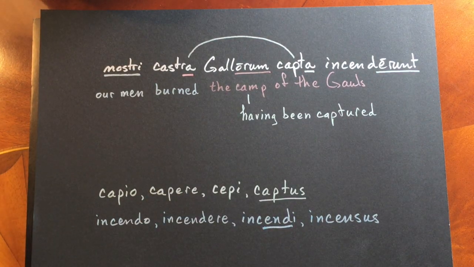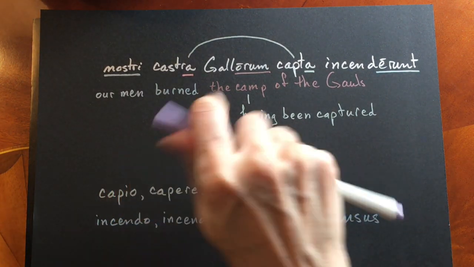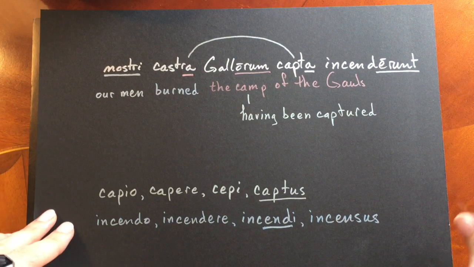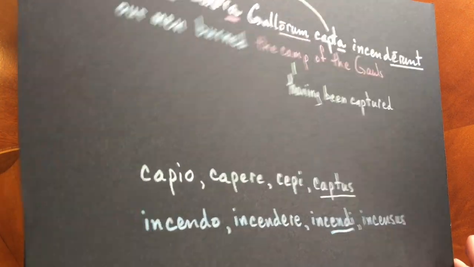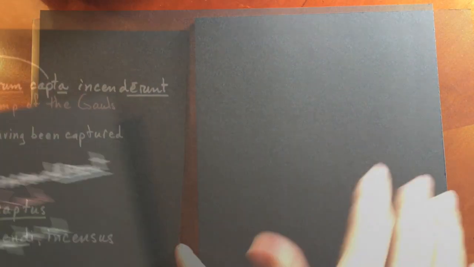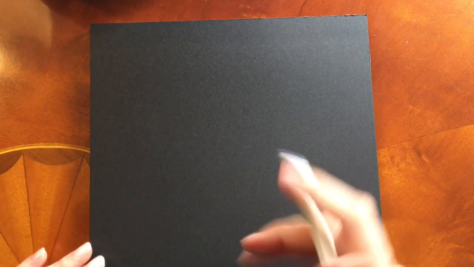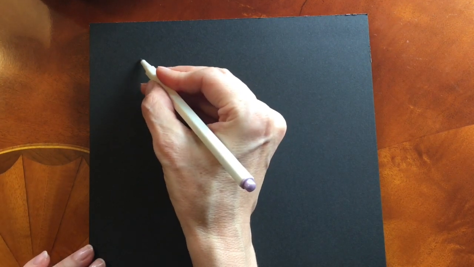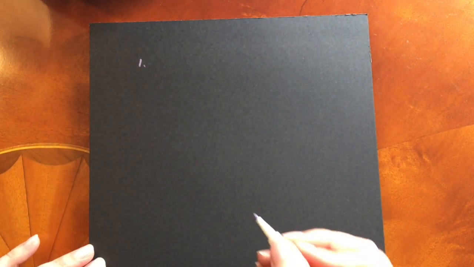Let's go through a few ways to translate this and express it in English. The first thing we can do is make two active verbs.